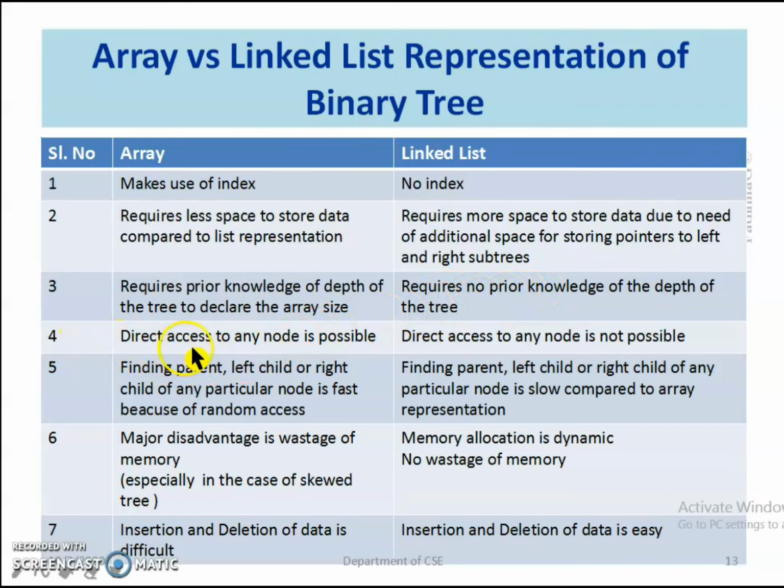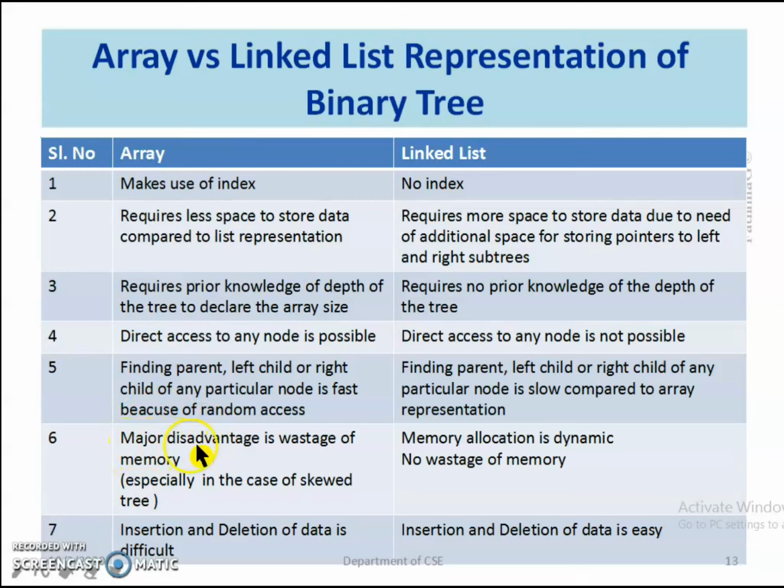Next, the direct access to any node is possible in the array representation, whereas that access is not possible in the linked list representation. Next, finding parent, left child or right child of a particular node is faster in the array representation because of the random access, whereas these operations are slow compared to the array representation in the linked list representation.